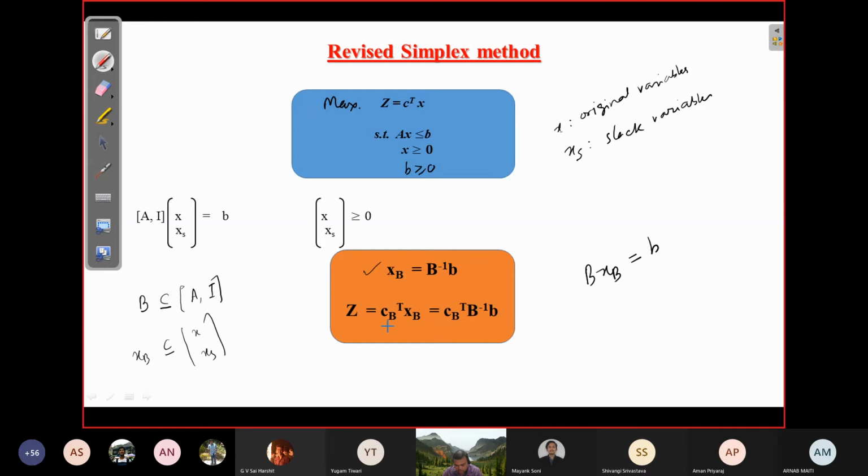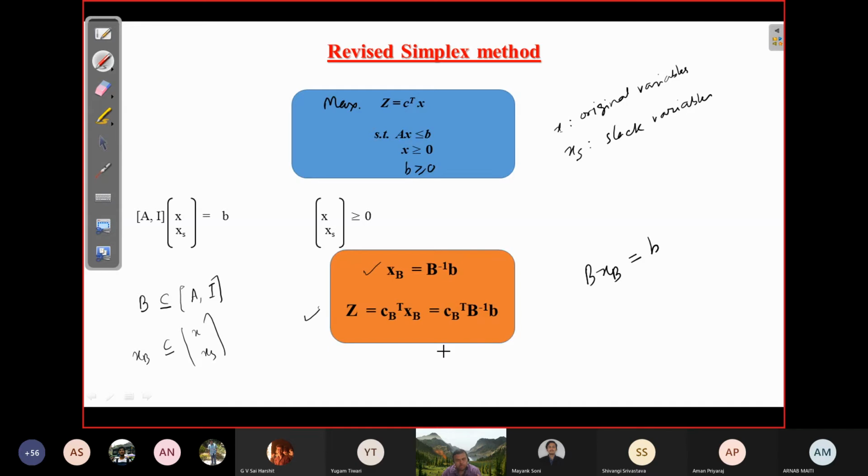That means I am only taking the coefficients of the basic variables, because non-basic variables are anyway 0. And what is XB? We have just calculated it: B inverse b. So I just replace it here, and it becomes CB transpose B inverse b. Now I have two results.